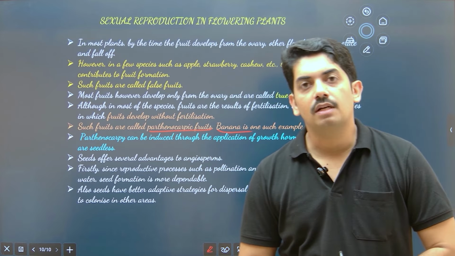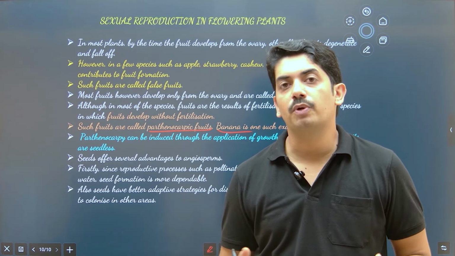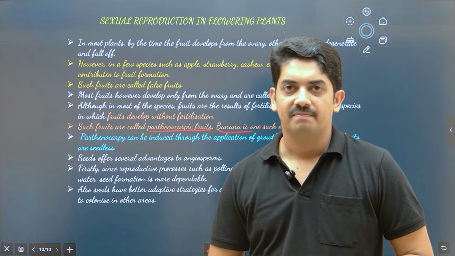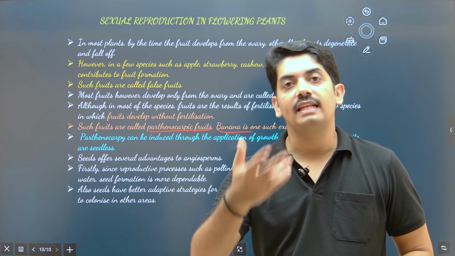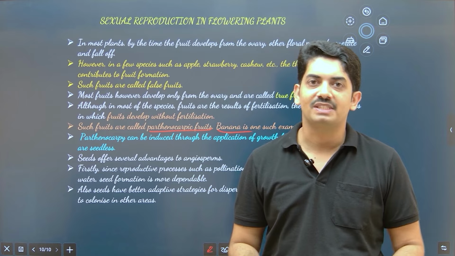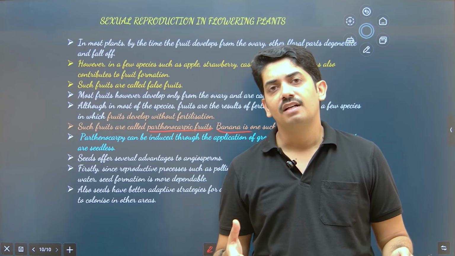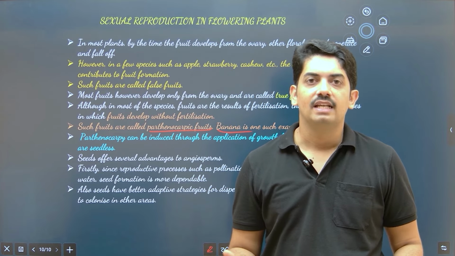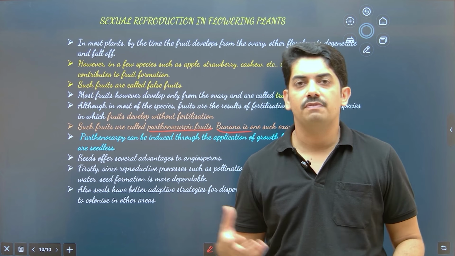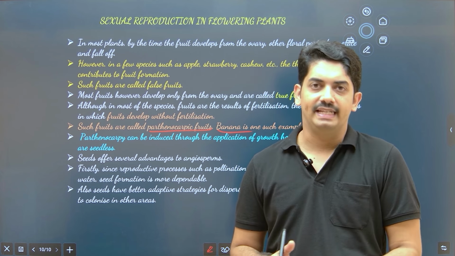Now the question comes: when fruits are produced without seeds, they are very easy to eat. Can we induce this character in other plants so that we can produce fruits without seeds? Imagine watermelon without seeds. Imagine grapes without seeds. Imagine orange without seeds. How easy to eat, right?